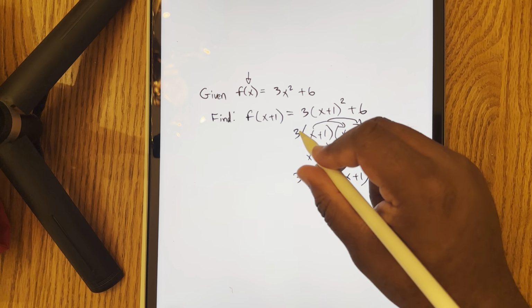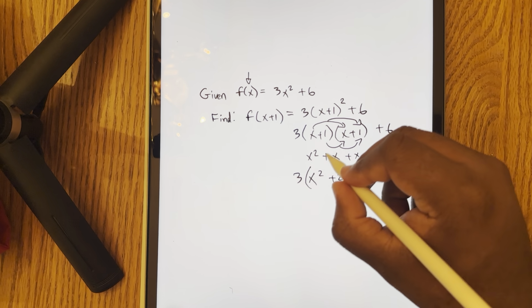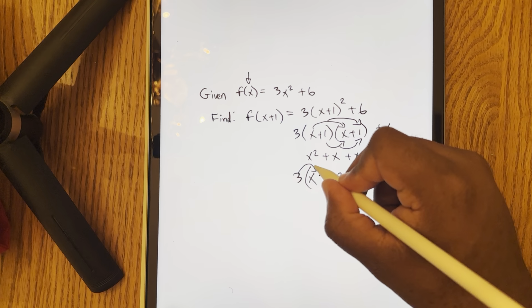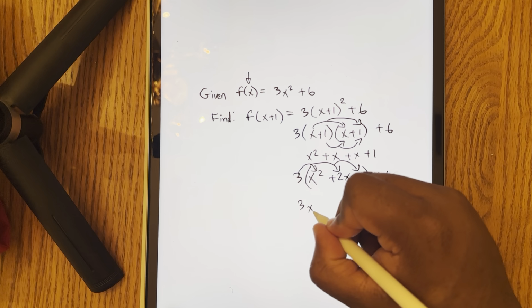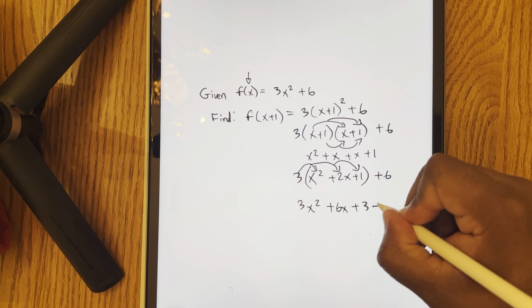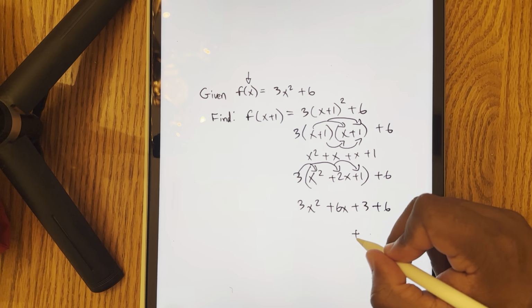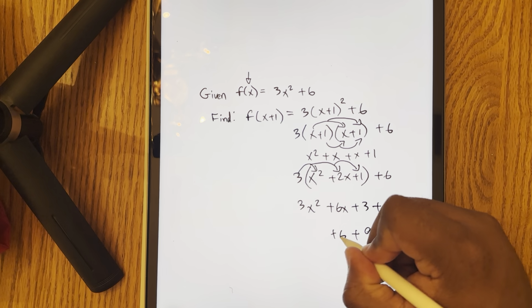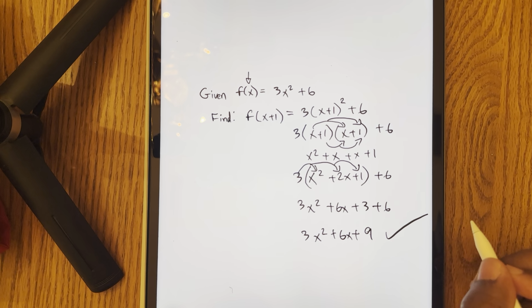Leave that in parentheses because there's this 3 on the outside, plus 6. Distribute that 3 to each term. That then gives us 3x squared plus 6x plus 3 plus 6. I add my 3 and my 6 and I get 3x squared plus 6x plus 9. And this would be my final answer.